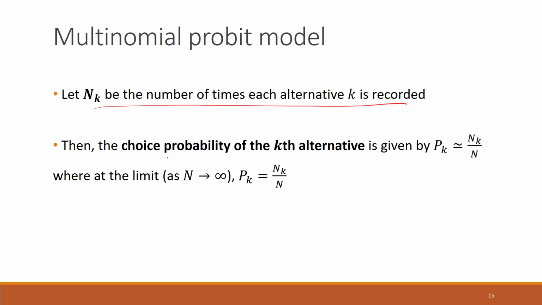Then the choice probability of the kth alternative is given by nk by n, that is, the number of times that alternative had the highest utility divided by the total number of iterations of this Monte Carlo simulation. In the limit that n goes to infinity, that is, n is sufficiently large, the probability of choosing the kth alternative goes towards this limit nk by n.